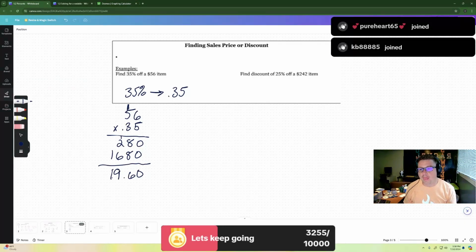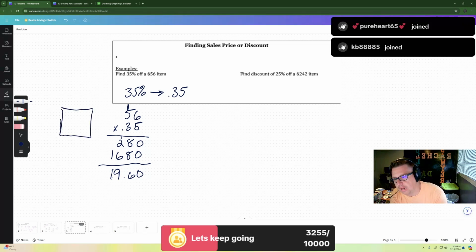But do we notice everything has a placeholder? Like there's the ones place, there's the tens, there's a ones place here, there's a tens place and a tens place. So when you make this box, you're almost creating the different ones, tens, and ones.